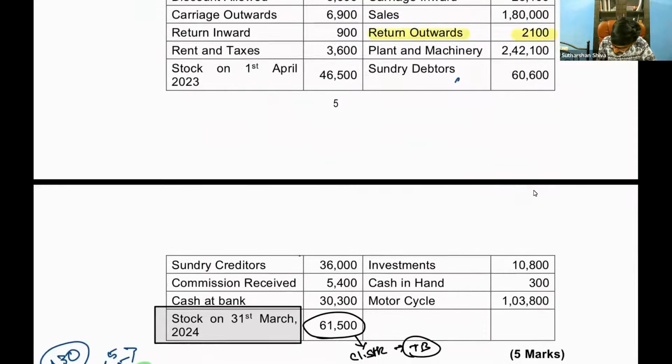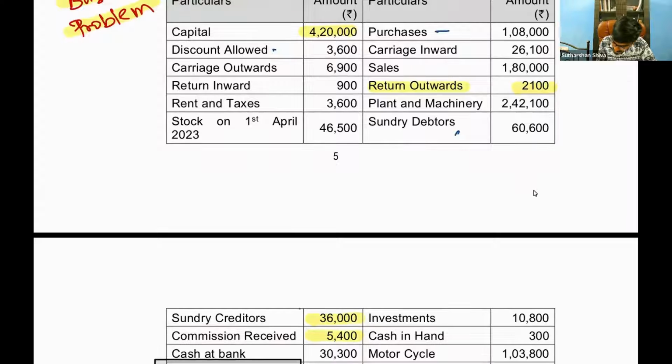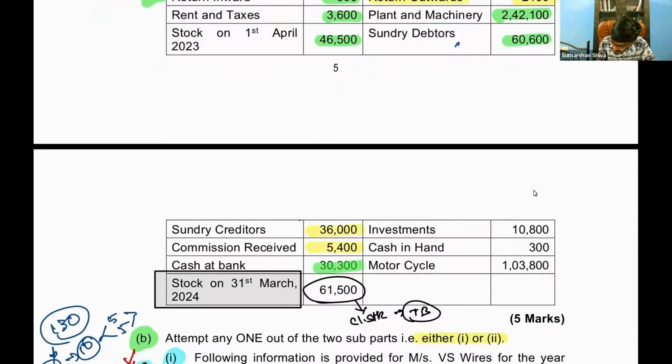Then sundry creditors, commission received. Okay, these four things will be on sales, will be your credit values, and your debit values are discount allowed, carriage outward, returns inward. Returns inward is nothing but your sales return, and stock, opening stock, purchases, carriage inward, sundry debtors, plant and machinery, cash at bank, investments, cash in hand and motorcycle.